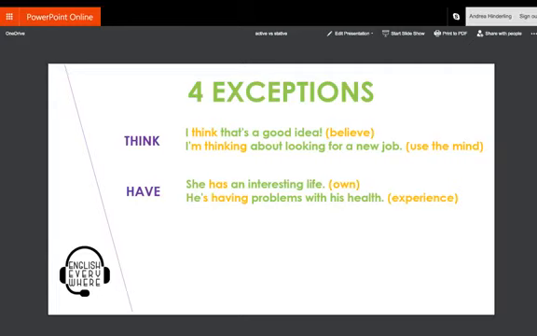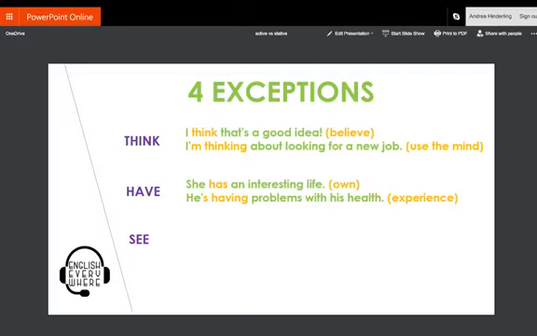The interesting life belongs to her. Yeah? Whereas if we say he's having problems with his health, it means that's the experience he's having right now. It's temporary. Yeah? So when we use have in the present simple, it means own or belong to. When we use it in the continuous, it changes meaning and it means experience.